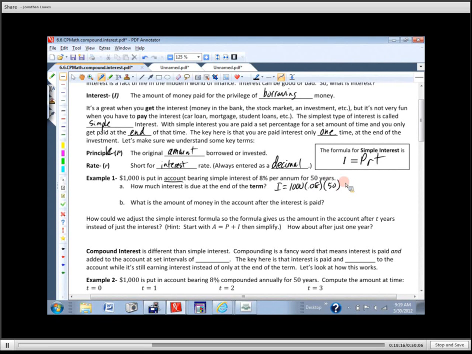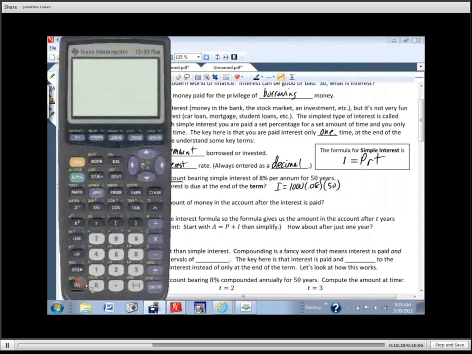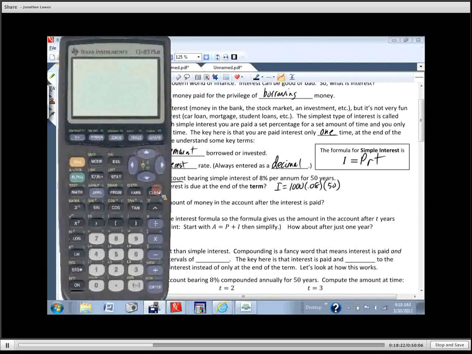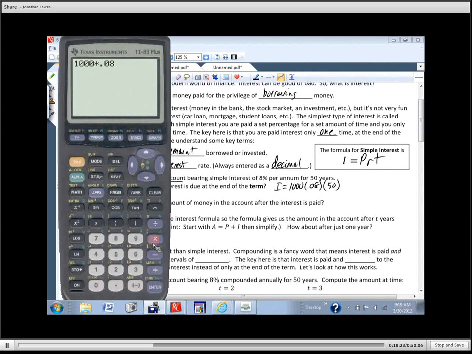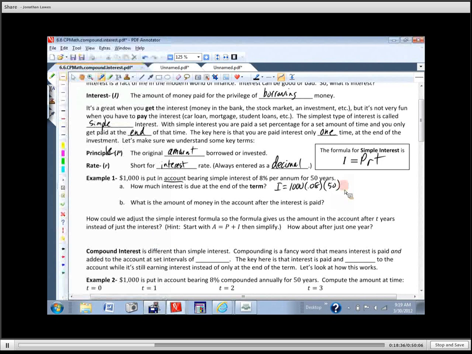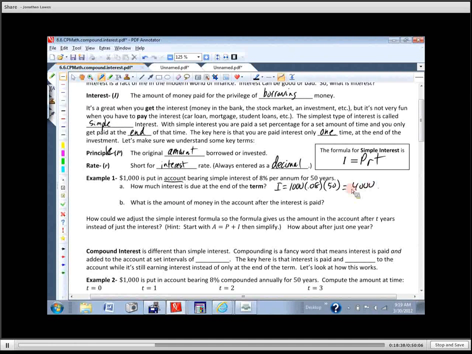So grab the calculator. So we're going to put $1,000 in at 8% for 50 years. $4,000. Okay? So we end up with $4,000.